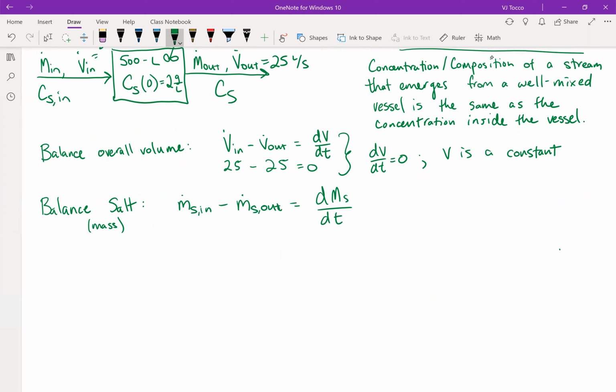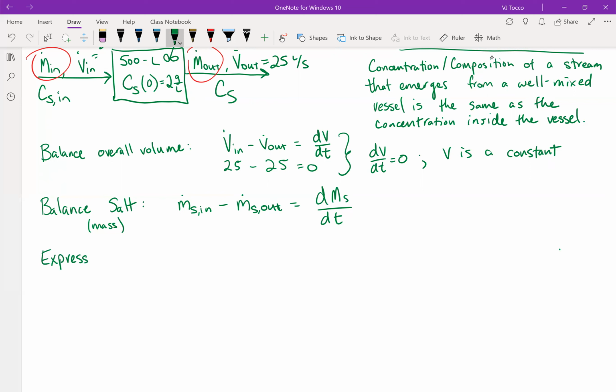Now, in order to get this into something meaningful, I mentioned that we don't know what m dot in and m dot out are because we don't know what the density is. We know that the density is changing, but I don't necessarily have a table of the density of salt water as a function of concentration. However, I can express mass in a different way.